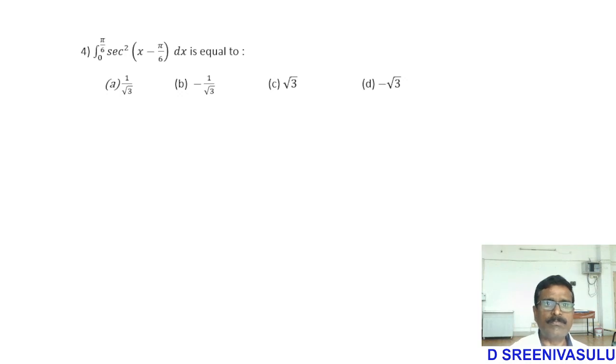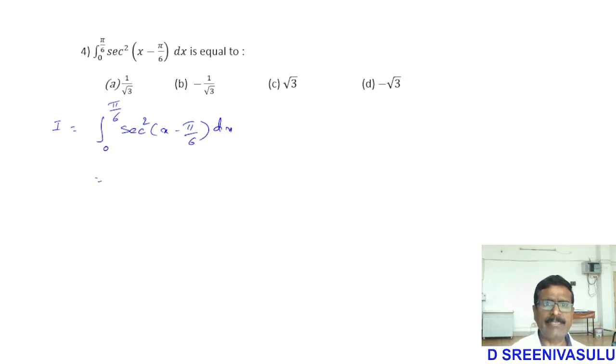Question number 4. The integral from 0 to pi by 6 of secant square x minus pi by 6 dx is equal to. If you take x minus pi by 6 as t, dx is equal to dt.